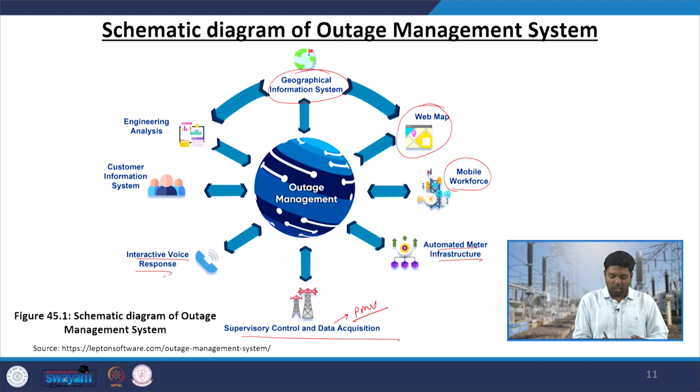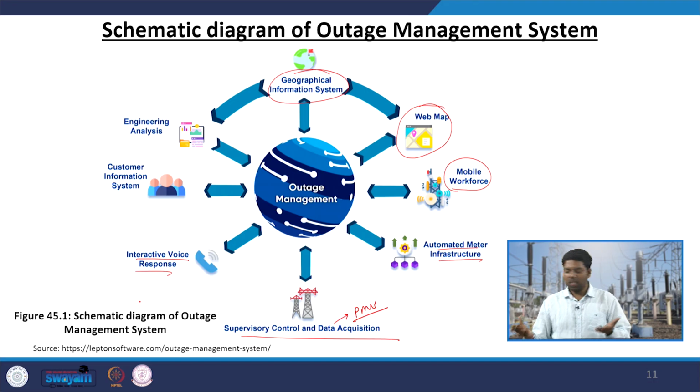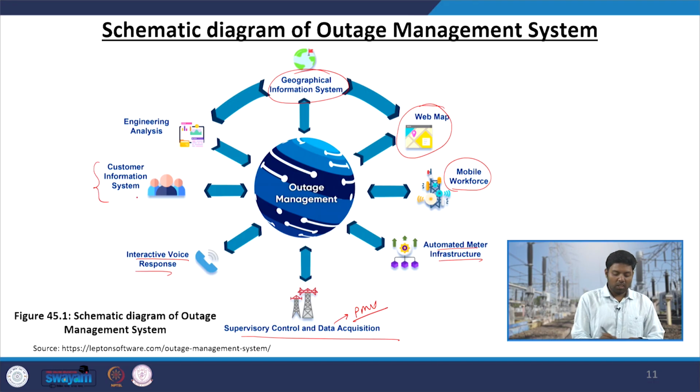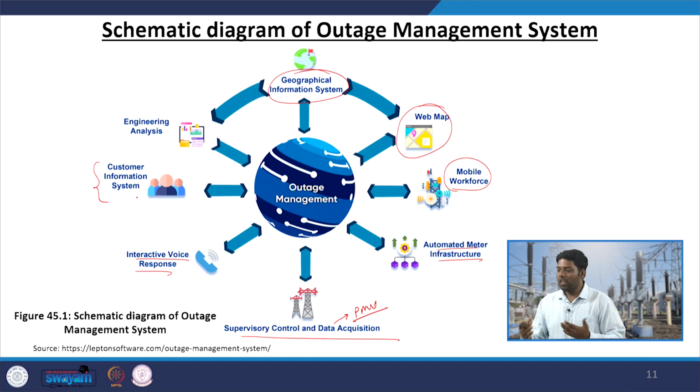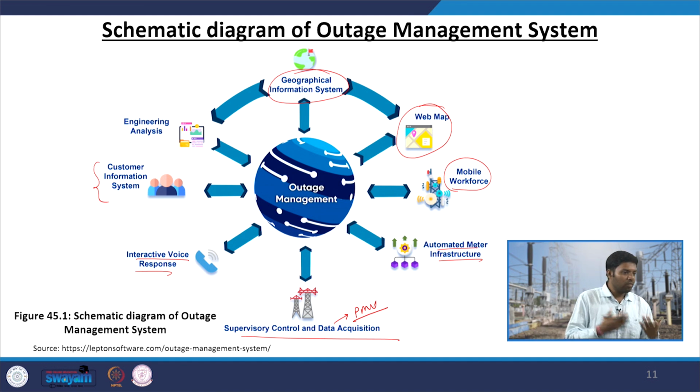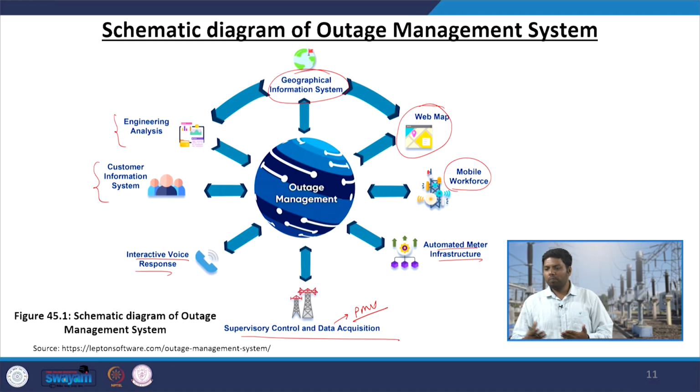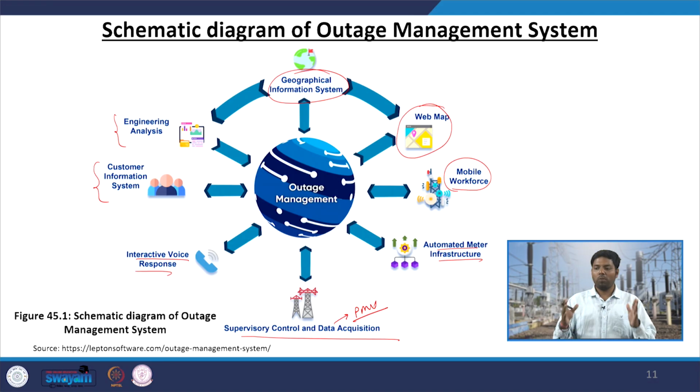Then interactive voice response, that is with your neighboring substations. Then customer information system, which will give you information if there is any fault or the customers are dissatisfied with your supply or your service, then they can directly complain and you will immediately come to know if something happened with your system. Then engineering analysis. So, every certain period of time you take a proper analysis of your entire system, whether the system is running properly or not.